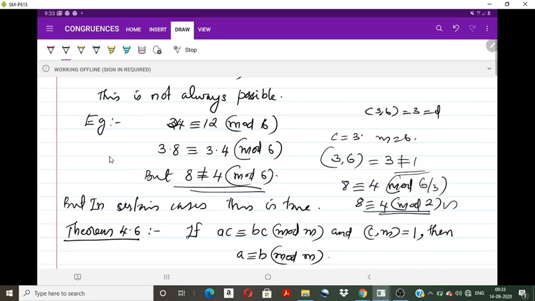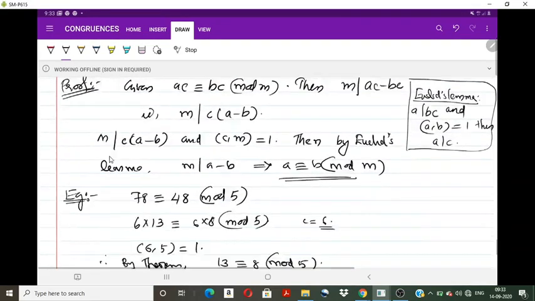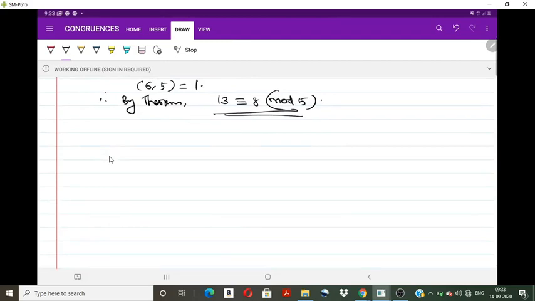So even though A is not congruent to B modulo M, here A is congruent to B modulo M by D. So this can be generalized as a result.